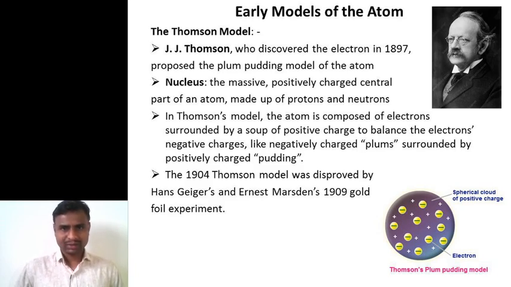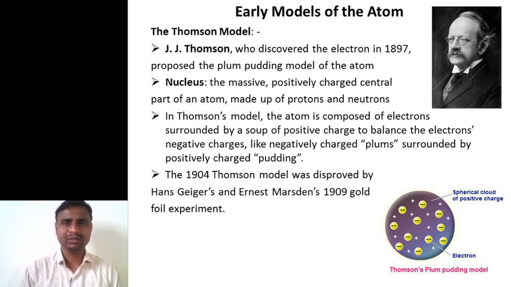According to Thomson's plum pudding model, the positive charge is distributed throughout the atom, and electrons are embedded in the spherical cloud of positive charge. You have seen a watermelon.